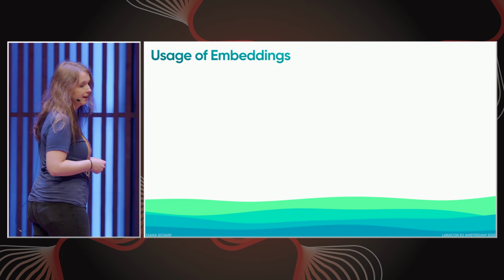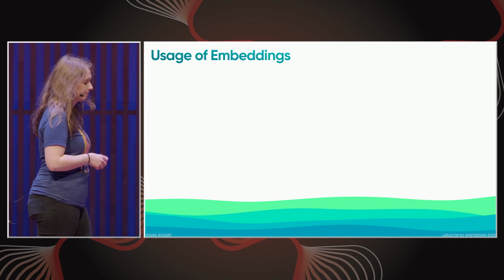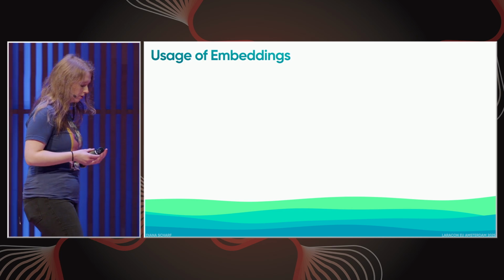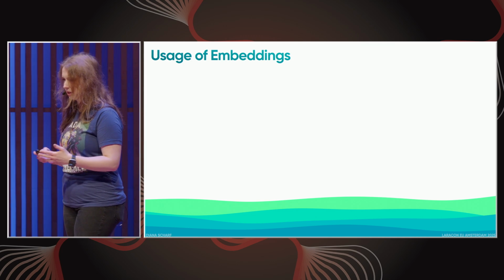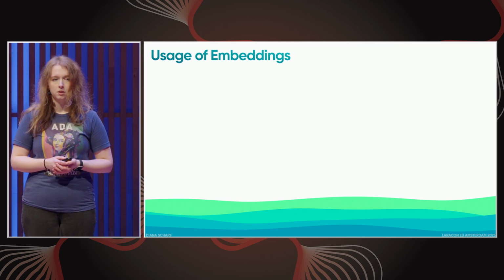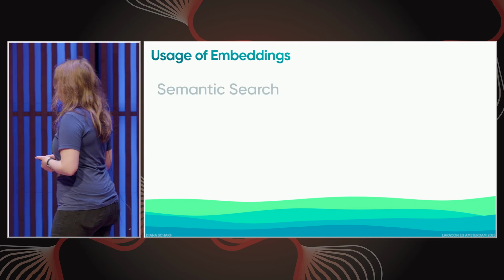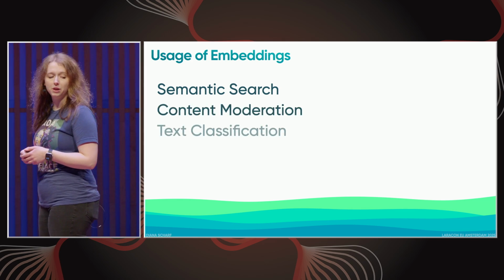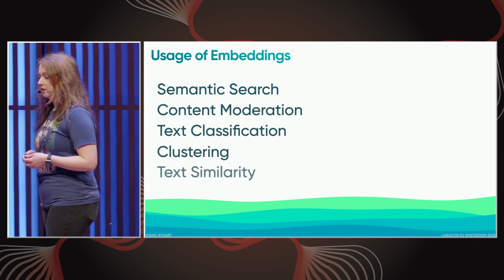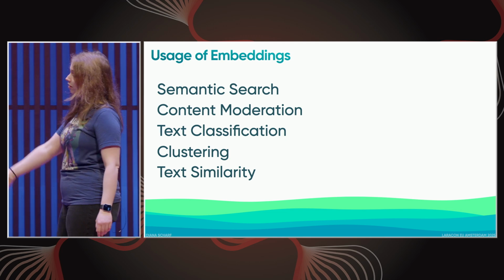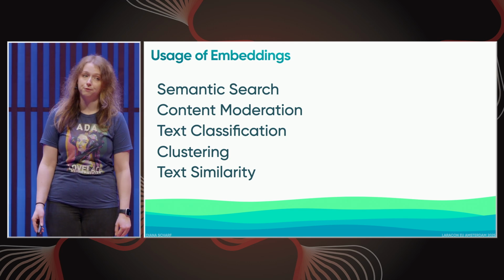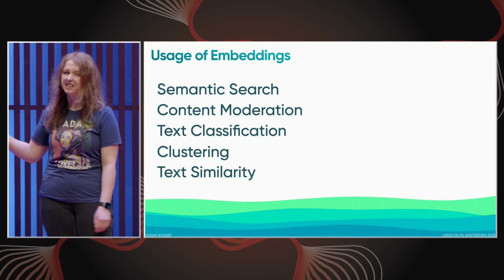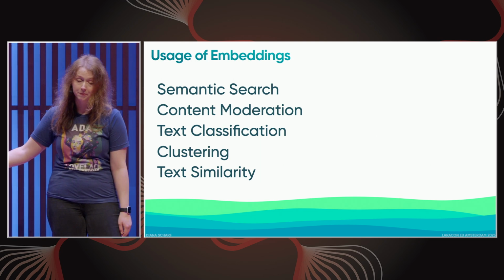Good. Usage of embeddings. So when we teach computers to understand human semantics with math, what can they do for us? Bunch of things. We can do semantic search. We can do content moderation. Because if I'm writing a comment like, you are a potato, the computer might not think that it is offensive, but in human context, mostly it is offensive calling someone a potato.